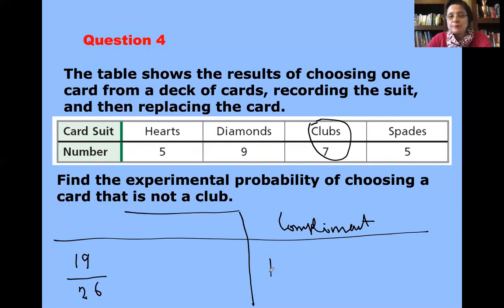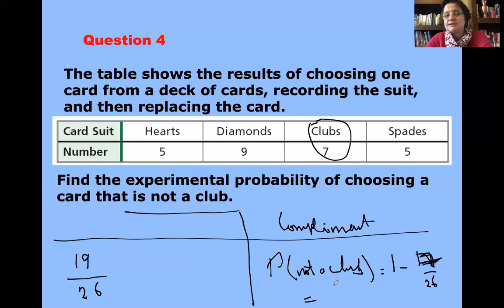And so the probability of not a club is going to be 1 take away 7 over 26. Eventually, the answer is going to be 19 over 26. So we get the same answer. You can do it by adding all the cards that are not a club and dividing by the total, or by complement, taking away what is a club from 1.